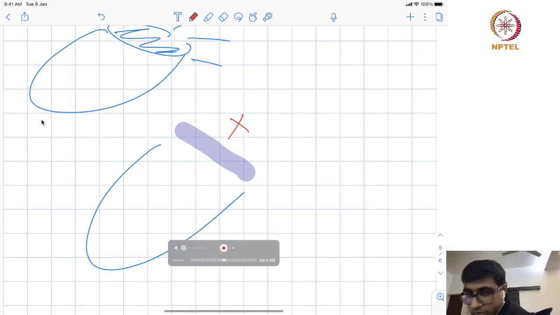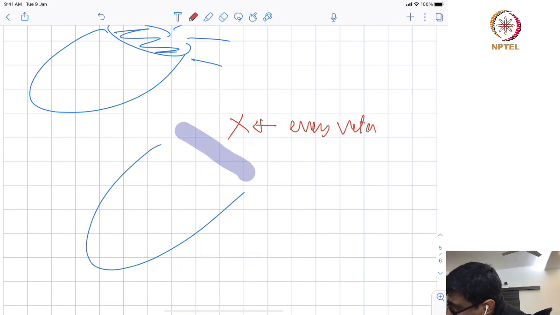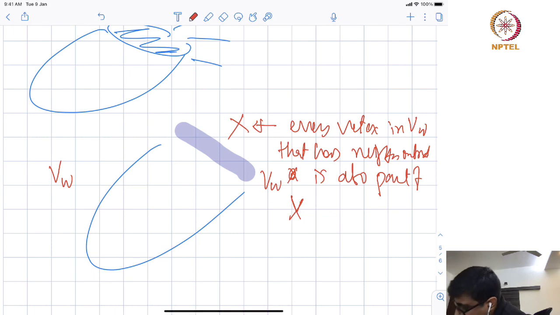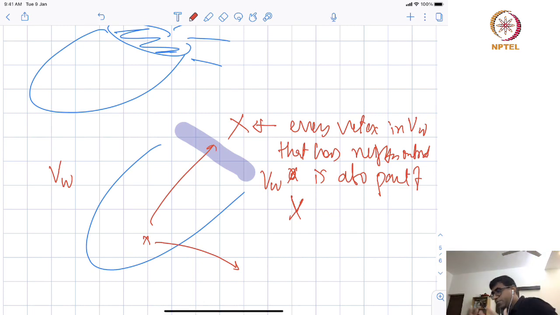Suppose this is X, and this is some VW. Every vertex in VW that has a neighbor outside VW is also part of X. So if a vertex is here which has a neighbor to some other vertex outside, then this vertex must belong to the set X. Okay, so this is the property.